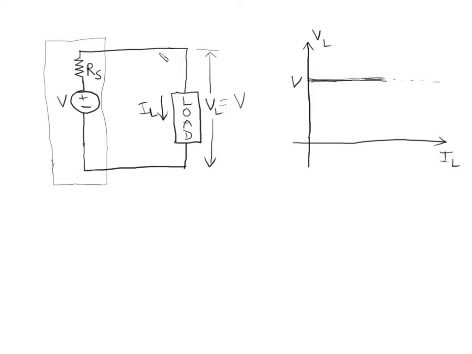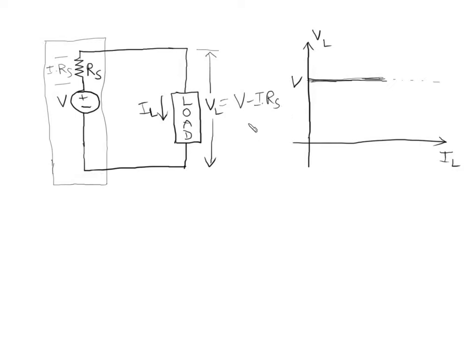Basically, the current that the load is drawing will have to flow through this series resistance. So through Ohm's law, you can expect that the current will drop a voltage across this resistance equal to I into Rs. So now the voltage seen by the load will actually not be V, which is what the voltage source is set for. It will be V minus I into Rs.